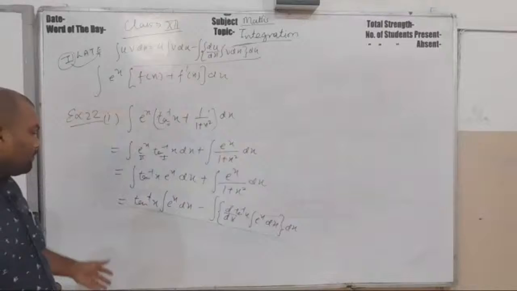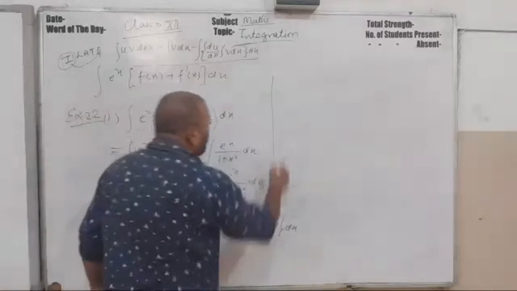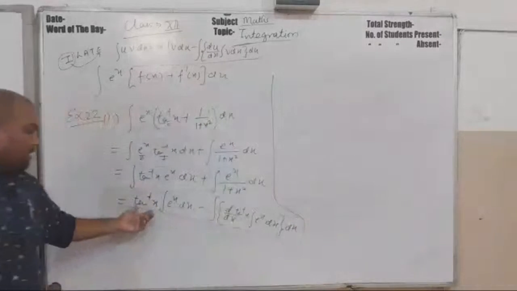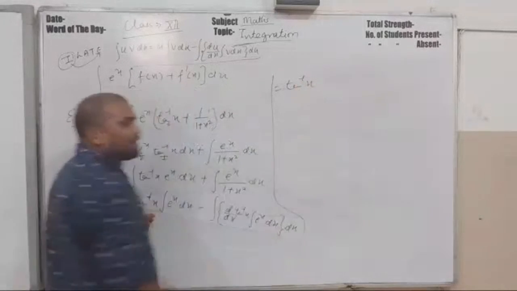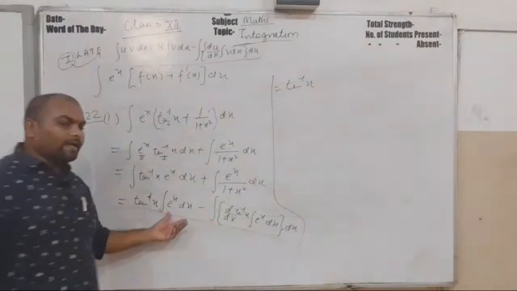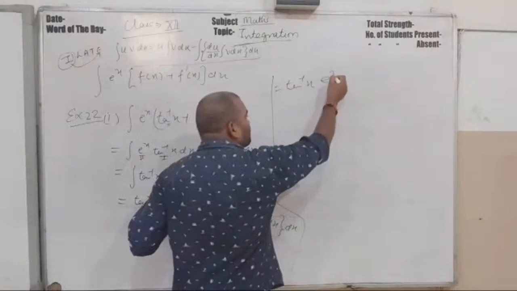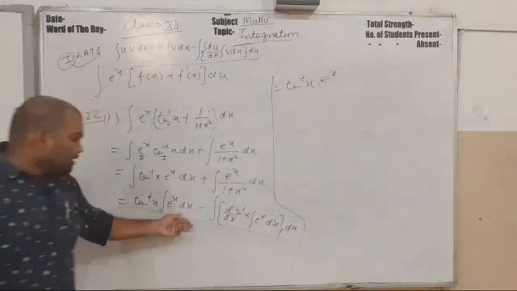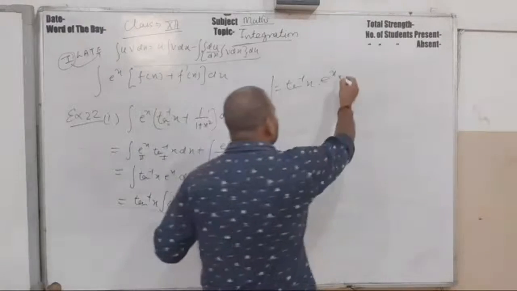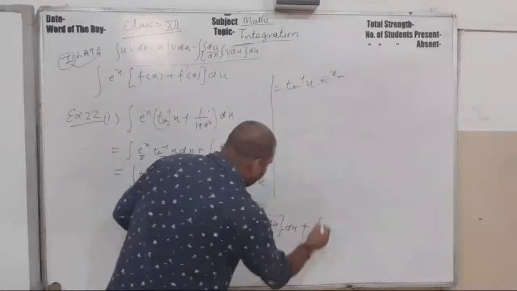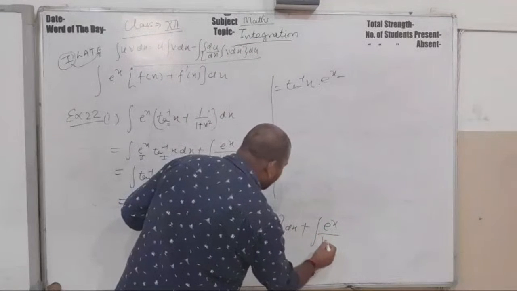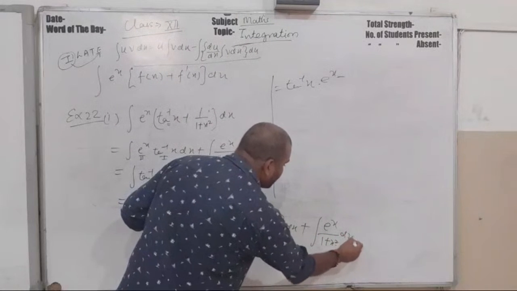Okay. Now tan inverse x, and integral of e to the power x will be e to the power x only.